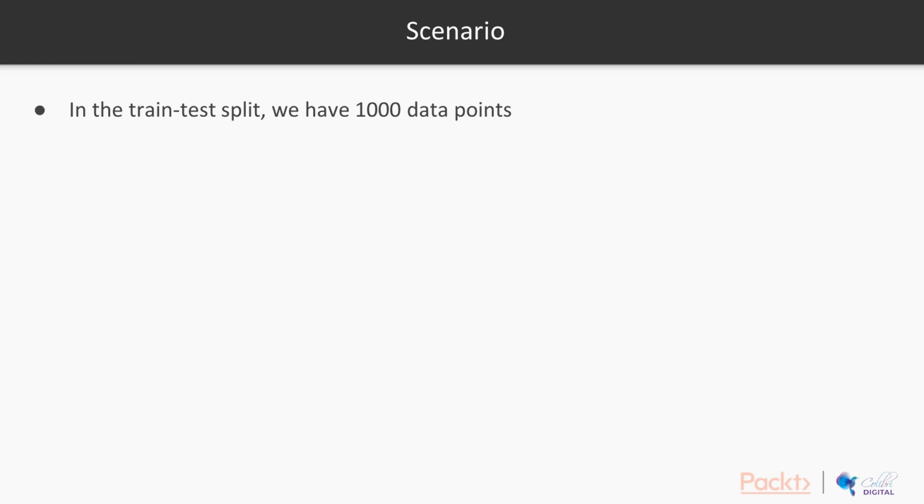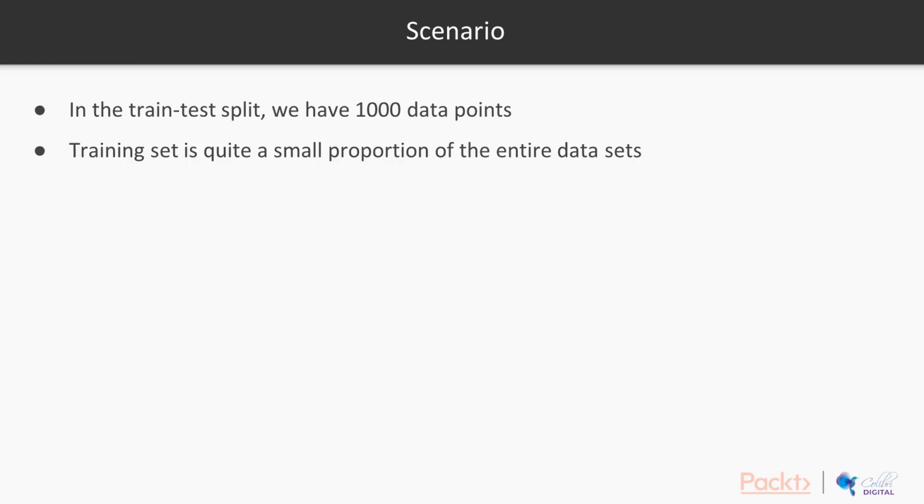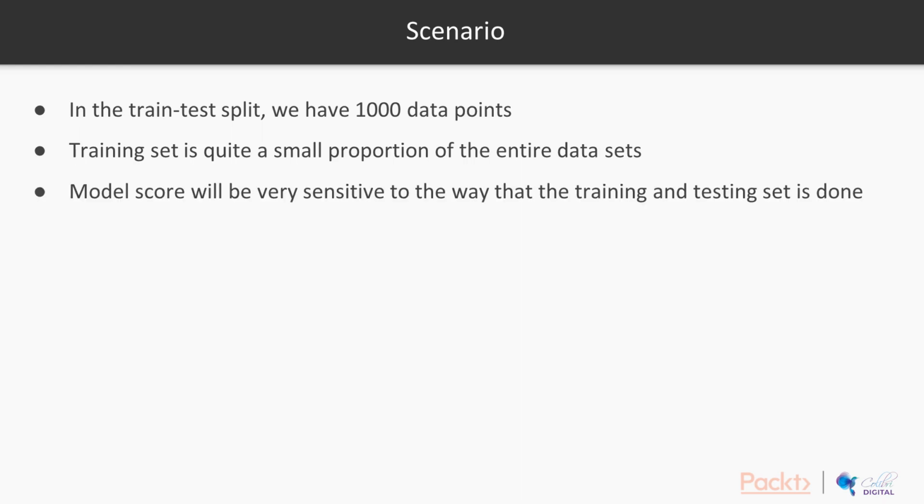So imagine if in the train test split you have 1,000 data points, and depending on how you segment the 1,000 data points, especially if your training set is quite a small proportion of your entire data set, your model score will be very sensitive to the way that your training and testing set is done.